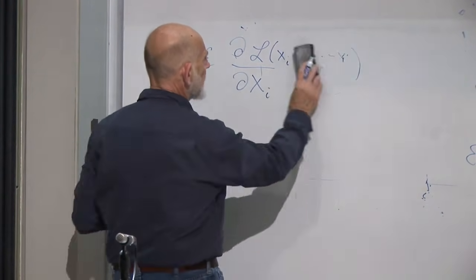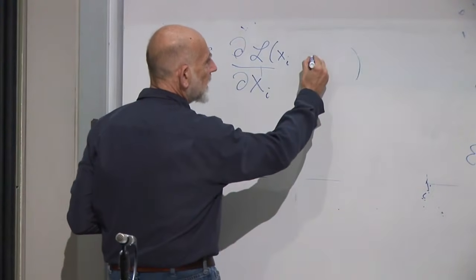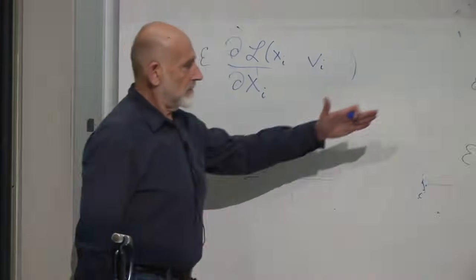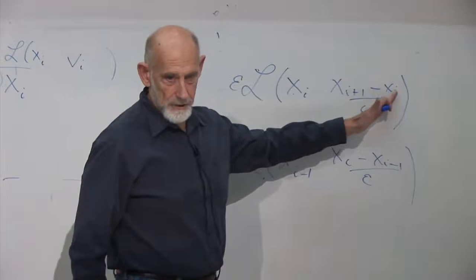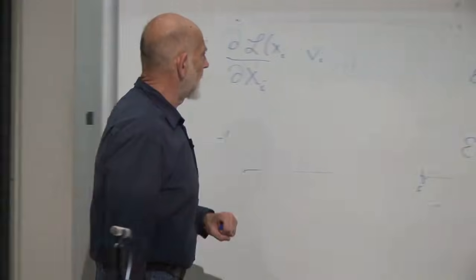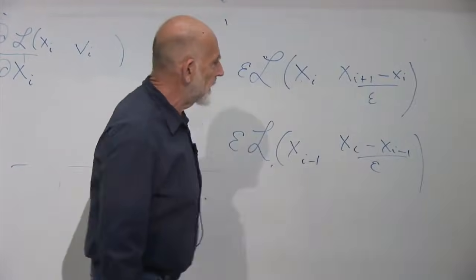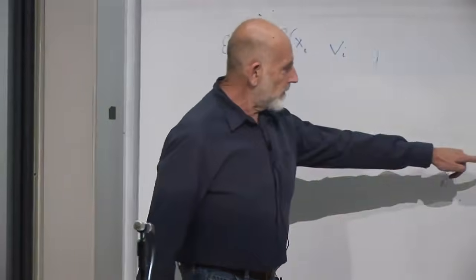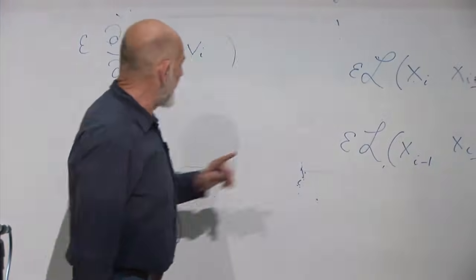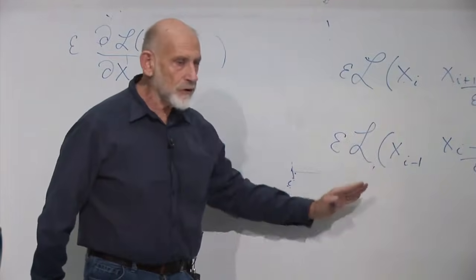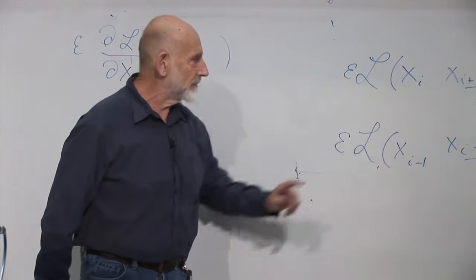Let's just call this velocity I. This symbol I'm just going to call velocity. It's an approximation to the velocity, and I'm going to label it as belonging to the point vi. Now, what about this one over here? This one does not depend on xi. This depends on xi minus 1. So when I differentiate it with respect to xi, I don't get anything.